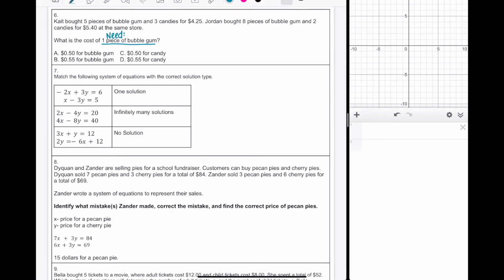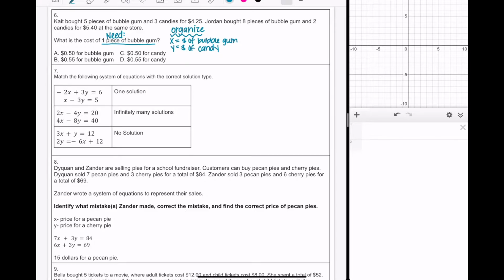All right, so to organize this information, okay, we need to know x equals something and y equals something. So x is which unknown value? Well, we don't know the price of bubble gum, so we can let x equal the cost of bubble gum. And we can let y be the cost of candy because we don't know the cost of candy.